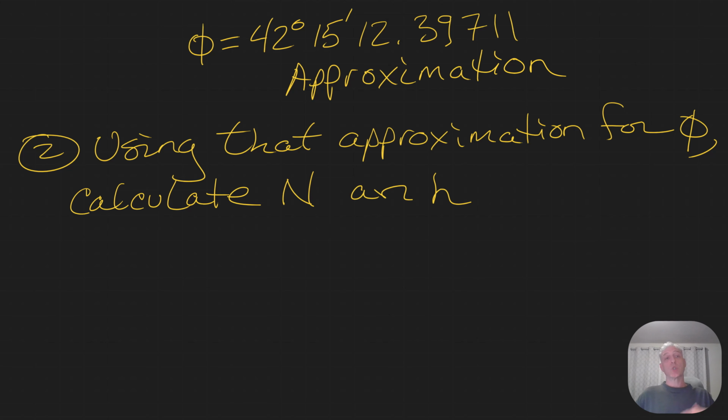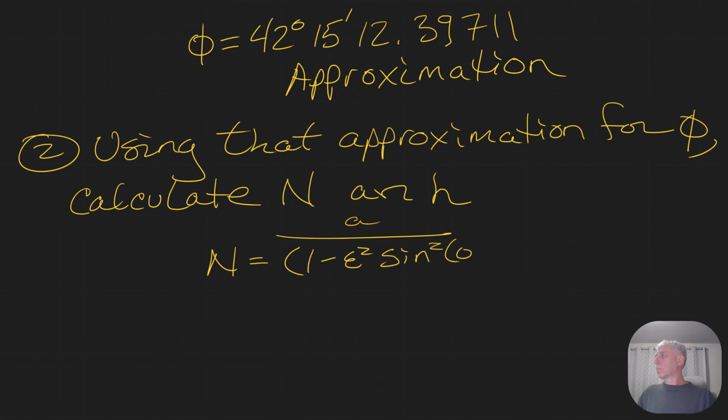So we'll actually be able to extract a more realistic height from that latitude than we started with. We started with a 0 height, which we know is not true. So remember, n is equal to a, which we have from GRS80, over 1 minus epsilon squared sine squared phi, to the 1/2. And now we have a phi. Now we have a latitude. So we would calculate n.